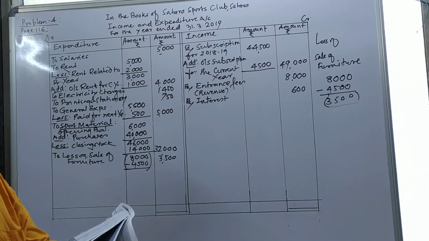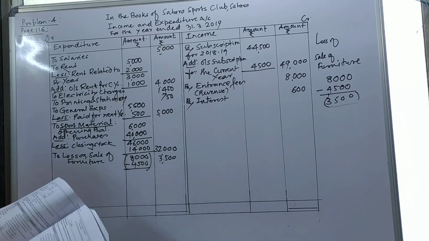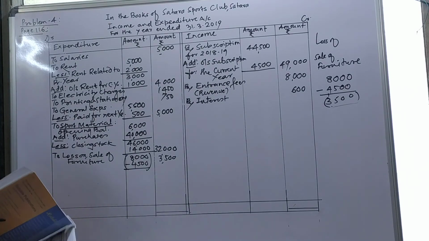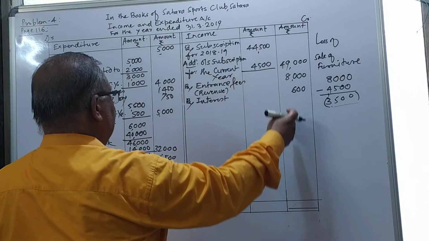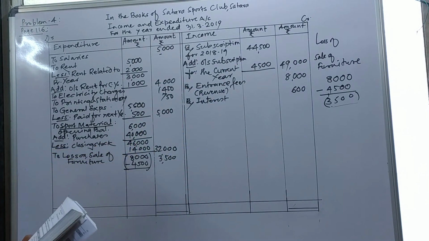After all these things, by considering all adjustments, now we have to ascertain whether we got a surplus or a deficit. How to calculate surplus or deficit? By looking, this side is heavier and this side is less here. Therefore, I can take the total on the credit side, the income side.